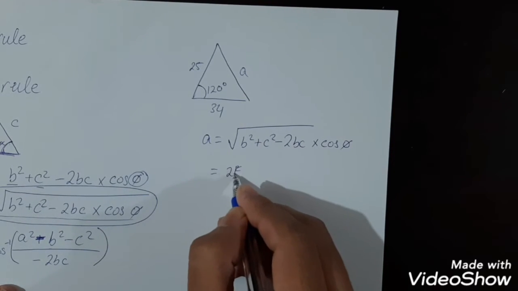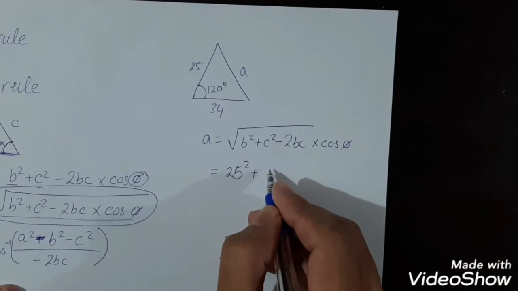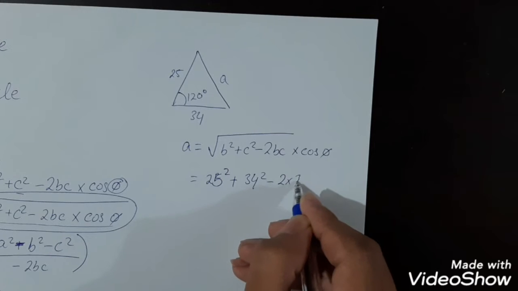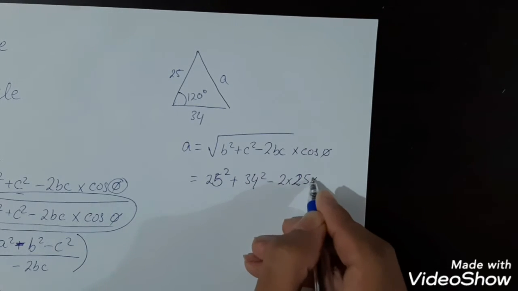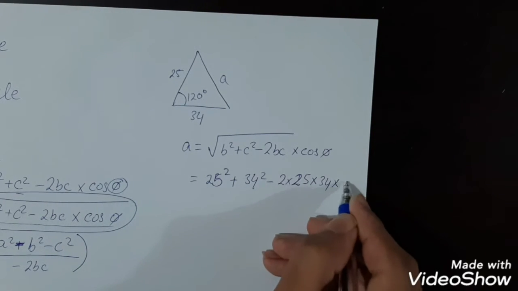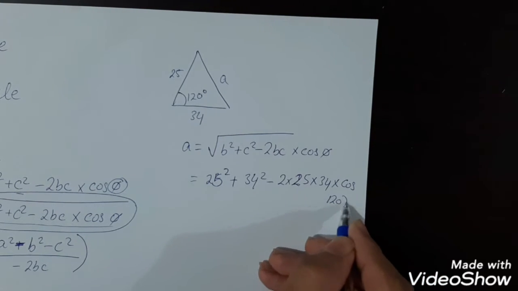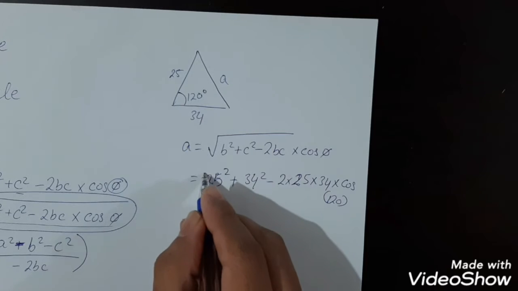So we write 25 square plus 34 square minus 2 multiplied by 25 multiplied by 34 multiplied by cos 120, all under the square root.